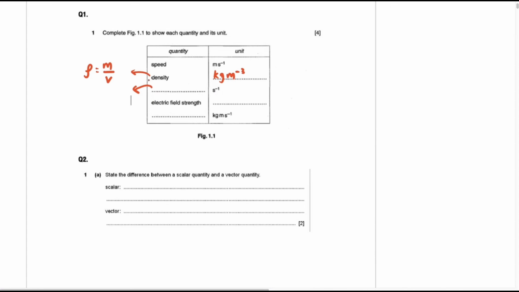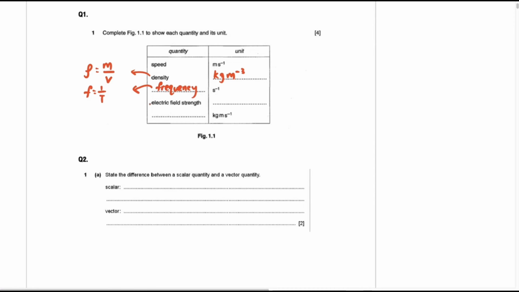Frequency. Yes, correct. So frequency is 1 over period. So the unit is 1 over second, so second -1. Electric field strength, maybe you haven't learned this yet, or maybe you learned already in college.